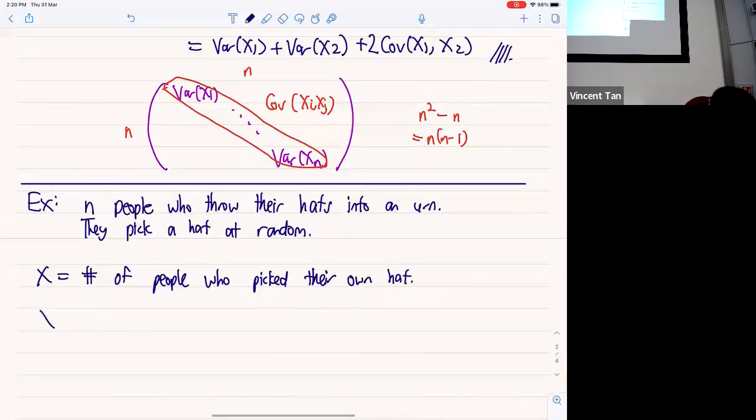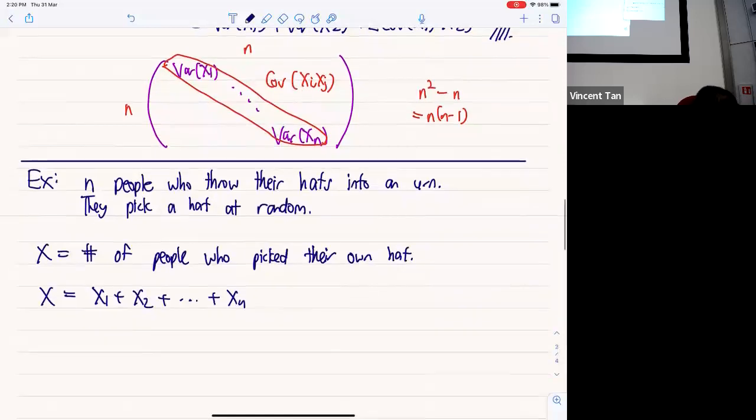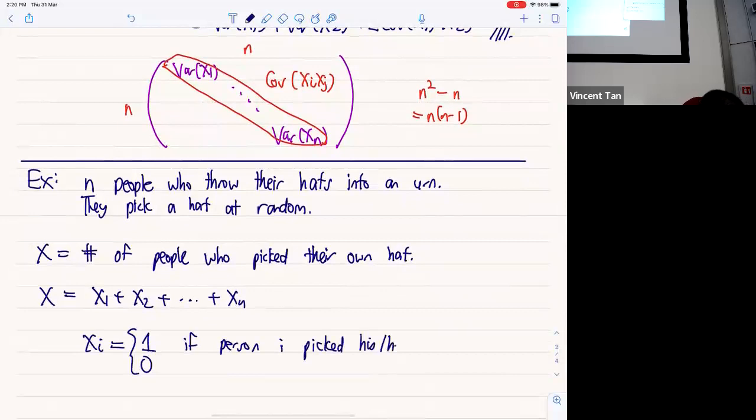So we can rewrite X as X1 plus X2 plus ... plus Xn. Now what is Xi? Xi is equal to 1 if person i picked his or her own hat, and 0 otherwise.